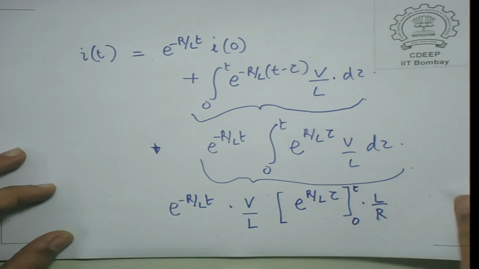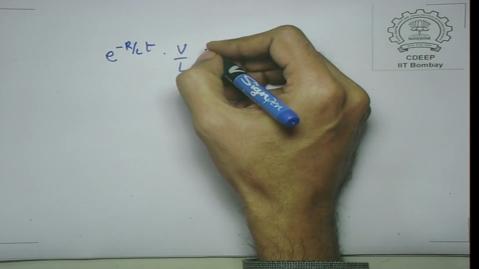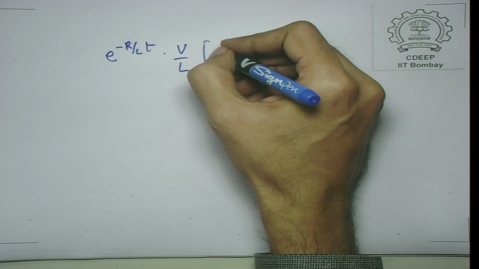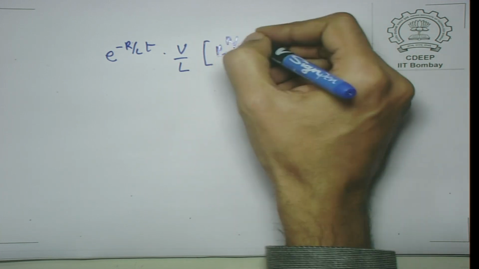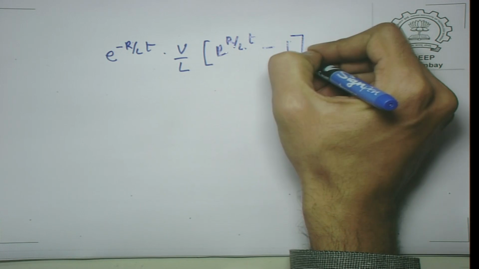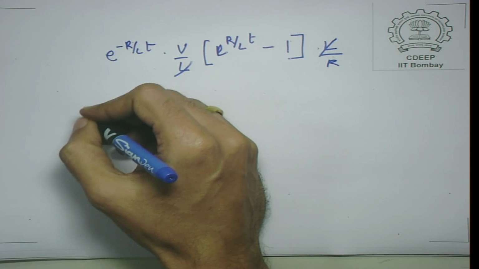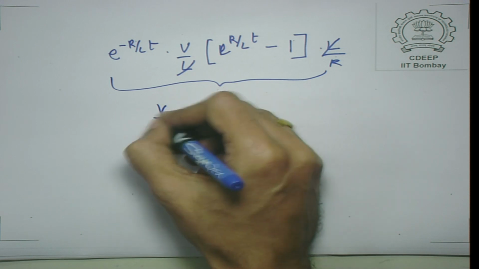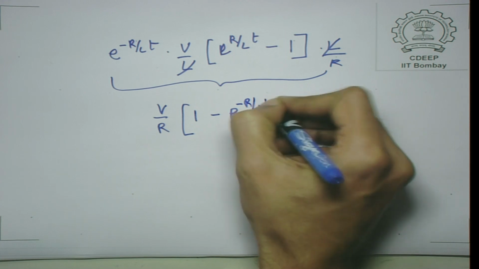So you will get e raised to minus r by L t into (e raised to r by L t minus 1) into L by r. L and L will cancel, so finally this will lead to V by r into (1 minus e raised to minus r by L t).